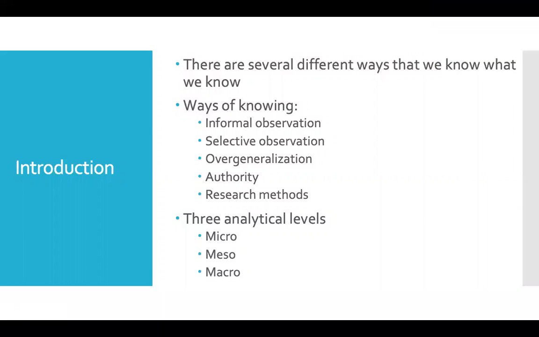But the case study is very much about how we know what we know, and from where we get it. Because the brain is saving a lot of things on our hard disk, and when we go to scientific knowledge, there are many ways of knowing different things. The ways of knowing could be informal observation, or selective observation, where we choose what we're going to observe.